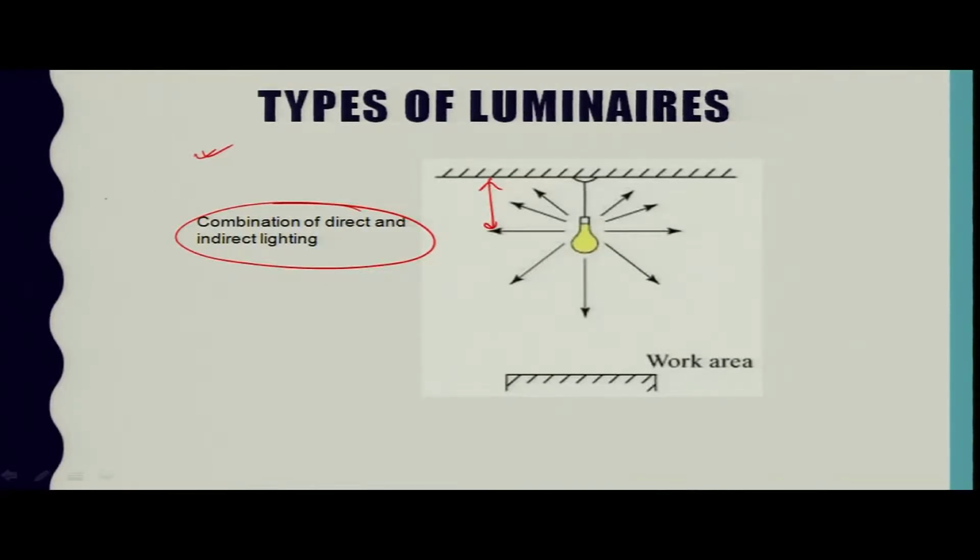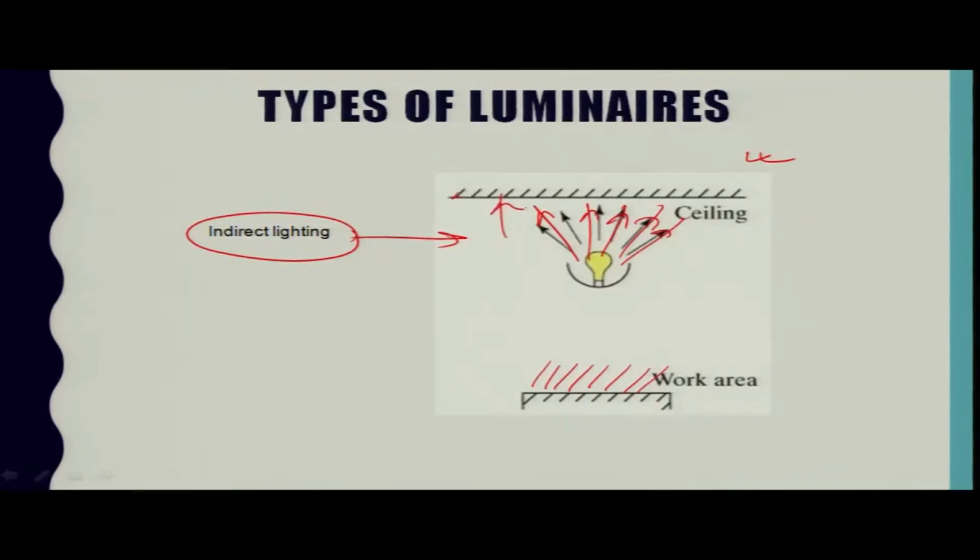In all the cases, direct lighting shines downward, providing high direct illumination of the work area, however glare may be a problem. Indirect lighting shines on the ceiling here, because the ceiling is usually a color with high reflectance, so most of the light is reflected downward and diffused to reduce glare.